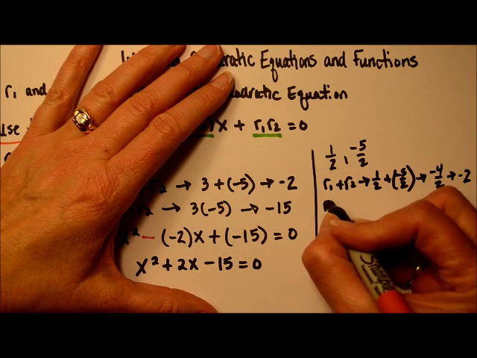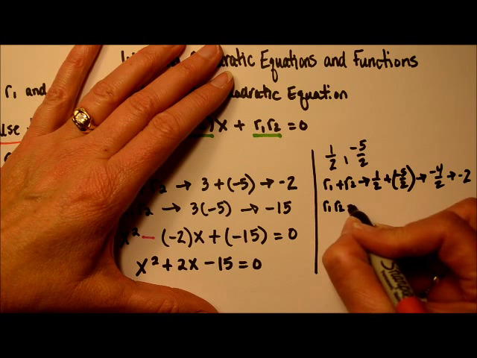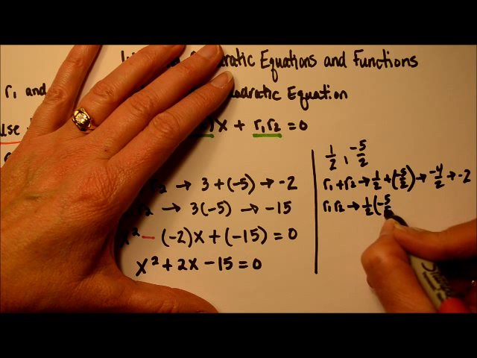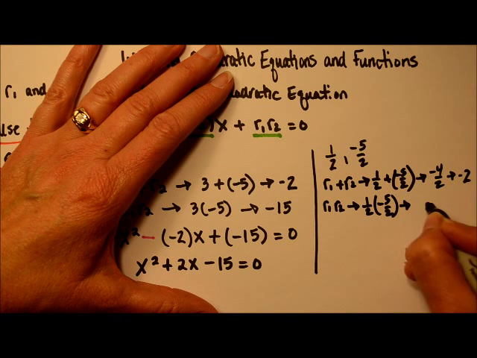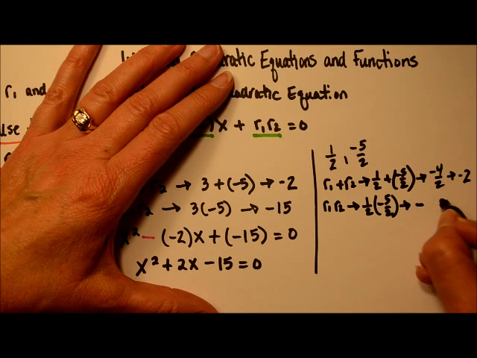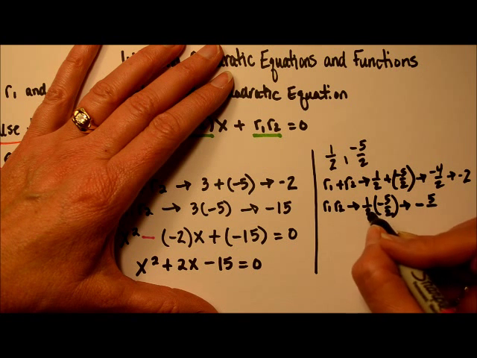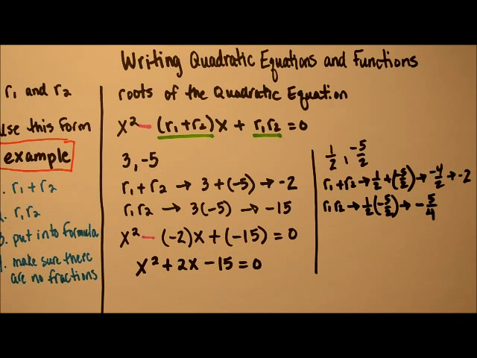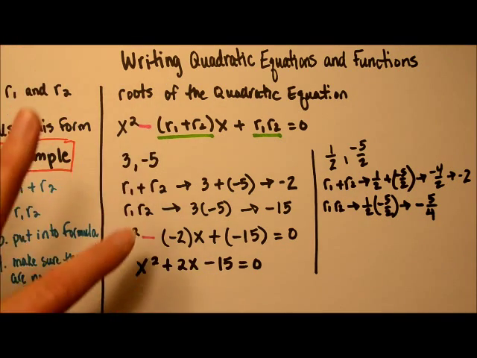R1 times R2 is going to give me 1/2 times -5/2, which is going to give me negative. 1 times 5 is 5, 2 times 2 is 4, so -5/4. I'm going to put it into my equation. So I'm just going to follow this, right?